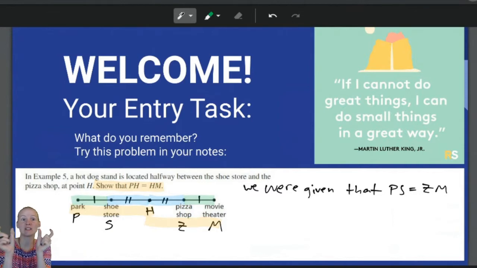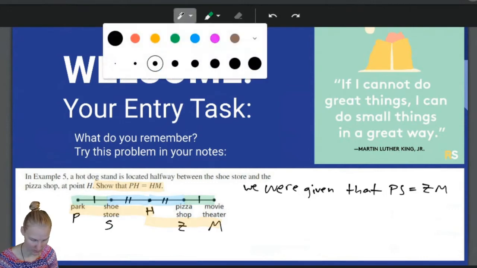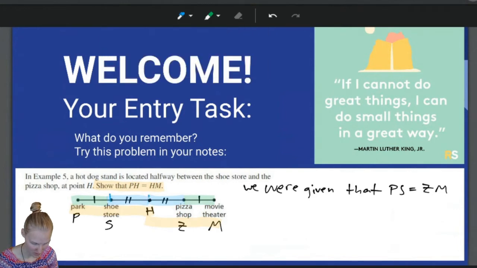So those green pieces are the same. Now the blue pieces, I should not use that color, that's going to get confusing. The blue pieces here are the same because that's what it means to be a midpoint. If I am at the midpoint, I am at the middle of these two places. I am the exact same distance away. That's what it means to be a midpoint.